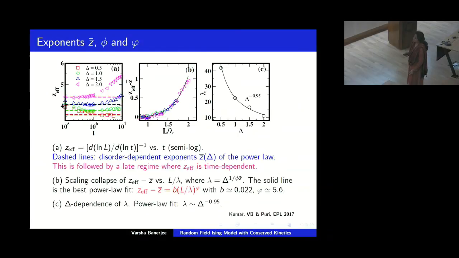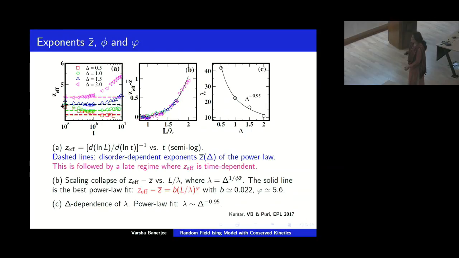So this is a plot of d ln t over d ln L, and the inverse of this on a semi-log plot. Okay. So the dashed line is the disorder dependent exponent, z̄, of the algebraic power law, and this is followed by a late regime where z effective is time dependent. Okay.